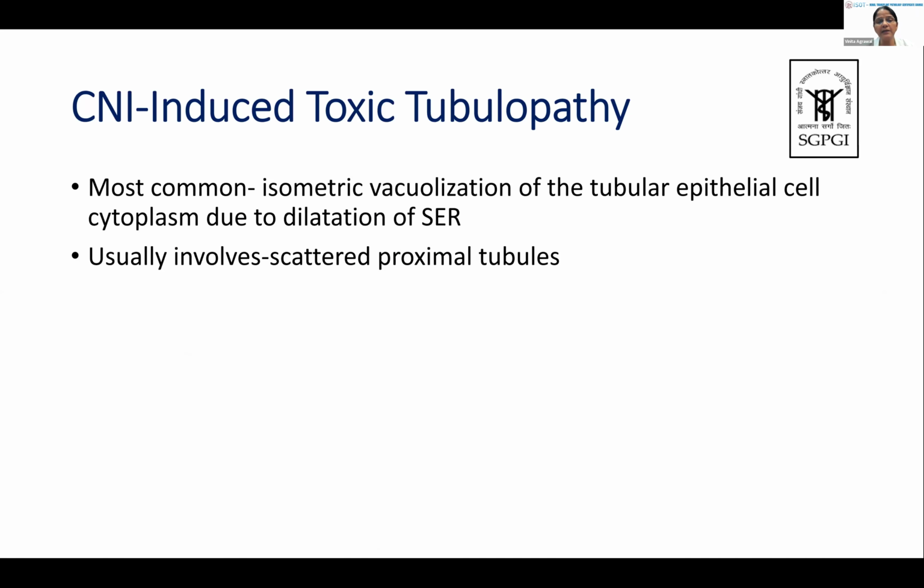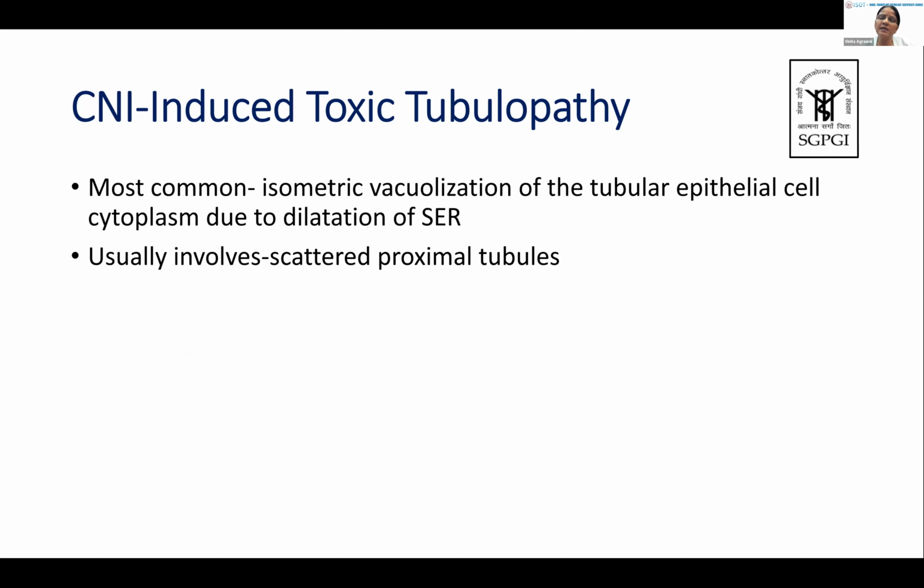As I said, CNI-induced toxic tubulopathy is one of the changes which can occur early in the course of therapy, characterized by isometric vacuolization of the tubular epithelial cells, primarily in the proximal tubules, and it occurs due to dilatation of the smooth endoplasmic reticulum.